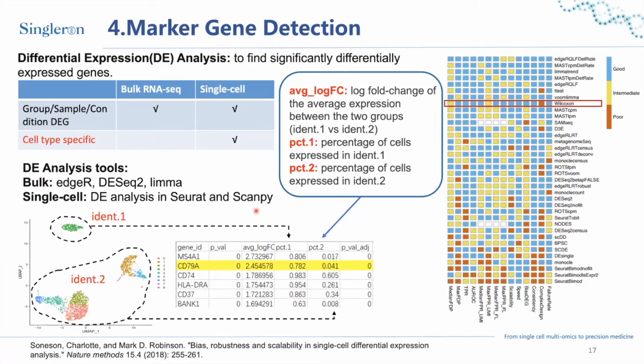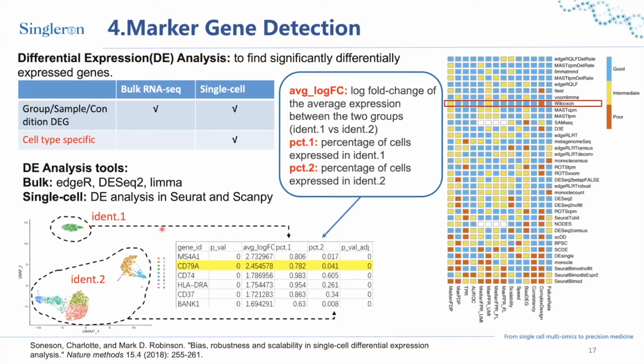Here is an example of how we do DE analysis in Seurat. After we have got these clusters, for example, we want to find the cell type or cluster specific genes of this cluster, which is cluster 3.